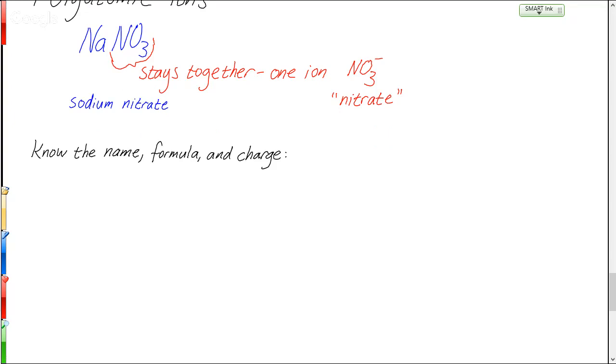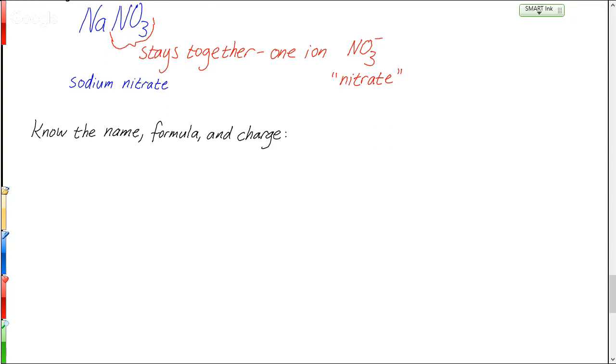All right, here they are. We'll start with the one we just did, nitrate. Nitrate's formula is NO3, and its charge is -1.